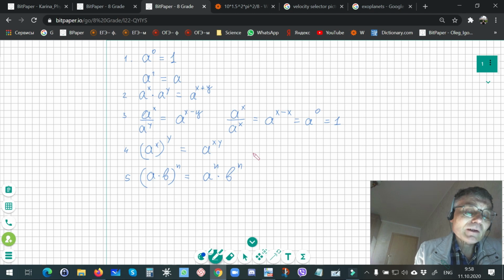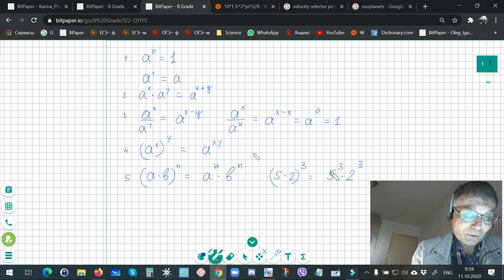For example, let us see an example of this. If I have 5 multiplied by 2 and I want to put 3 as its exponent, I can say that it's 5 to the power of 3 multiplied by 2 to the power of 3.